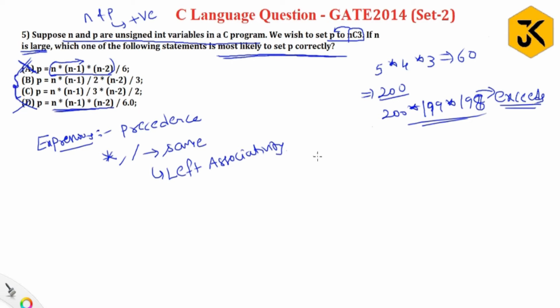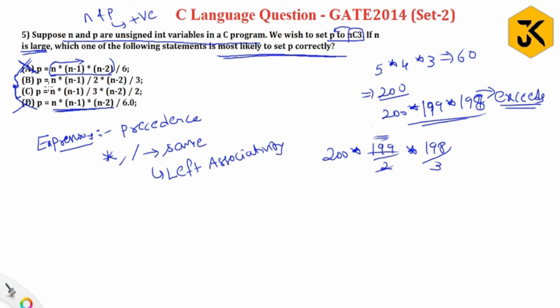Let me check option B: 200 into 199 by 2 first, then 198 by 3. Means they are going to decrease some value. So that is the reason these two options are better than option A and D. So option A and D are directly eliminated.